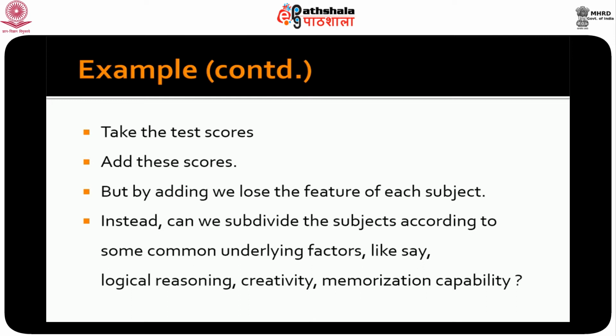So, if you just concentrate on these 3, can we subdivide the subjects according to these 3 criteria: memorization, creativity and reasoning capability? Which subjects require which of the characteristics? If you know that, we can identify students in a much better way rather than summing up their scores. We can see their capability score in the aspect of reasoning, in the aspect of creativity and in the aspect of memorization.